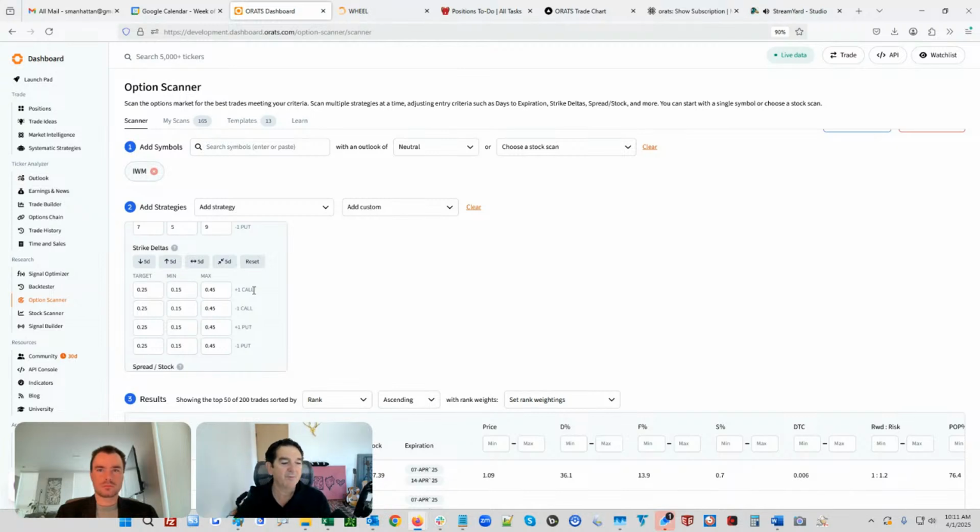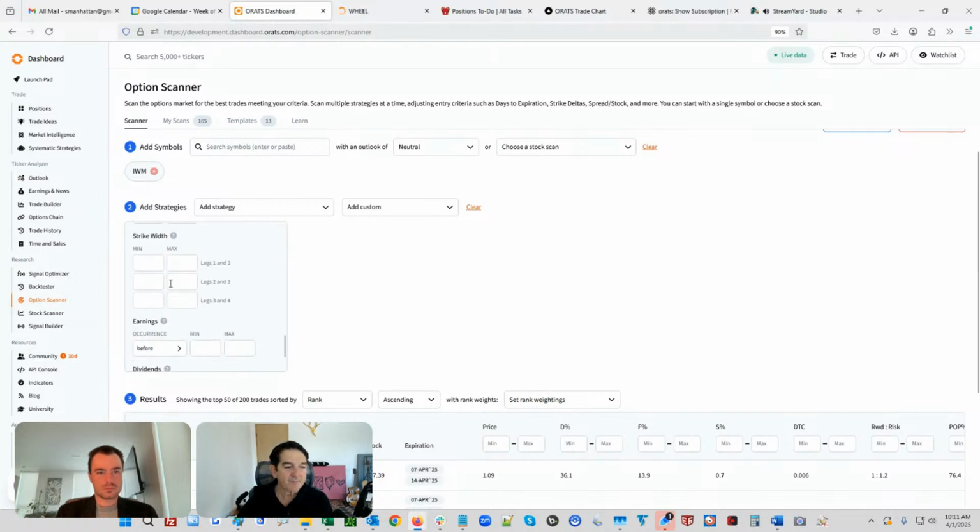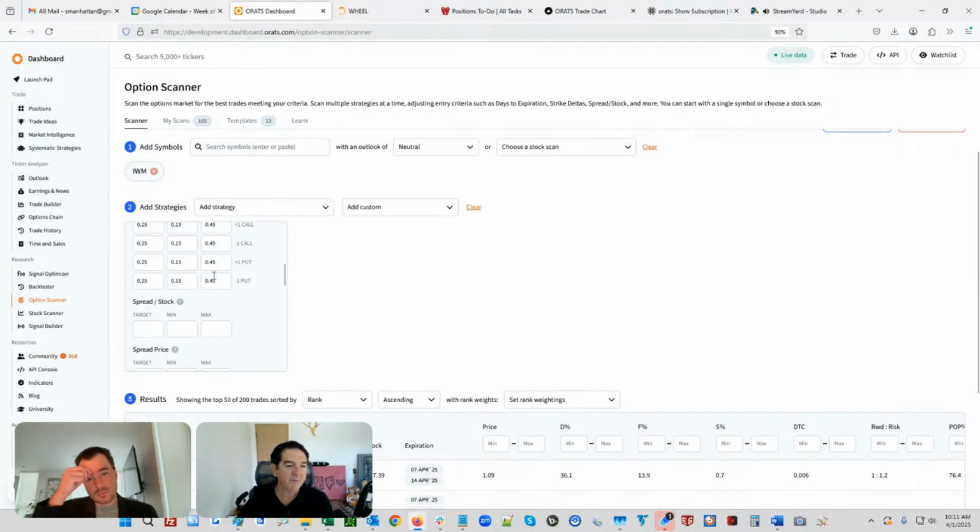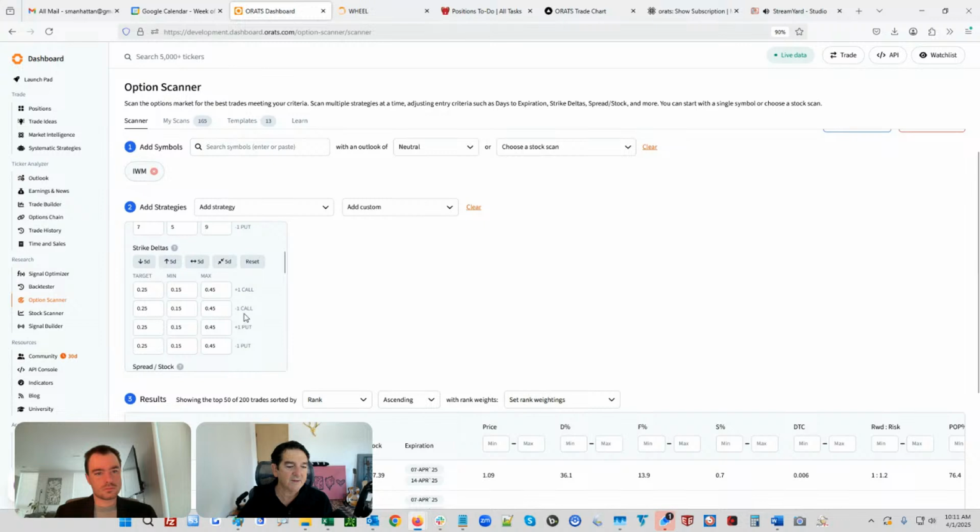I want to have just more of a neutral one. So I want to have the call be farther out of the money. So this minus that will be positive. So I'll set that. So again, at least two strikes. And then we already know that the call minus put is going to be positive.